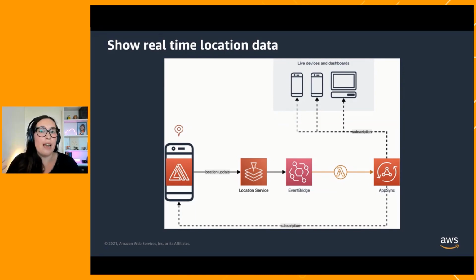So whenever somebody enters or exits that particular area, this whole pipeline will start. The message will be sent to EventBridge, to Lambda, and Lambda will put a message to AppSync, and then everybody that is my friend will receive the notification that Marcia just entered or exited this area. So this is what we are going to build.